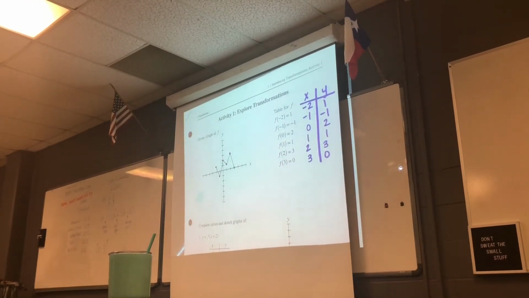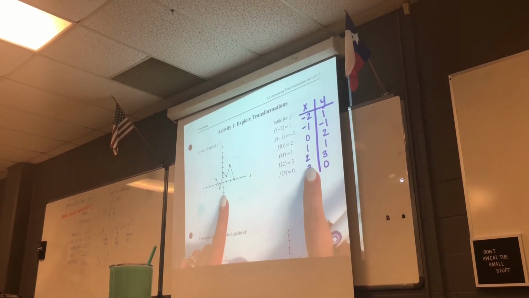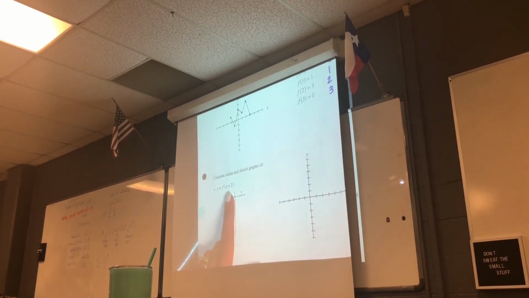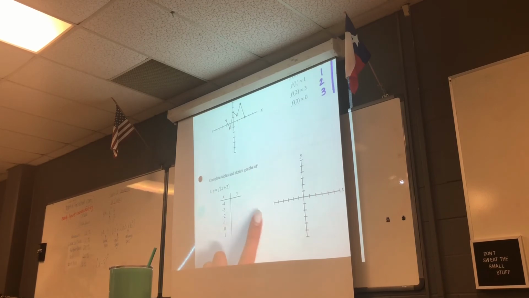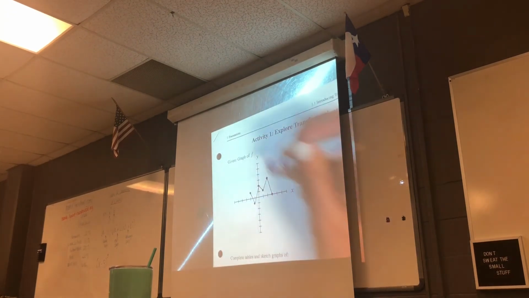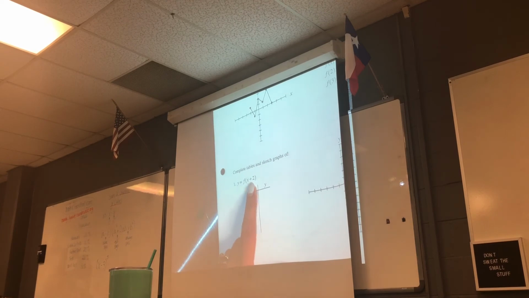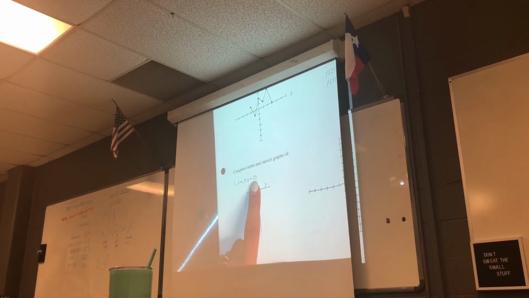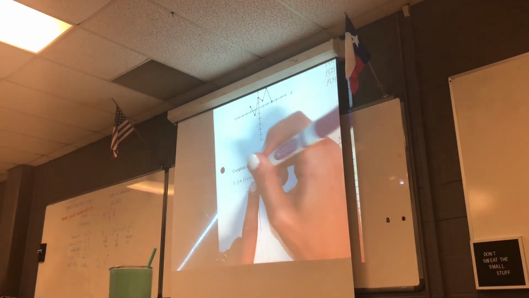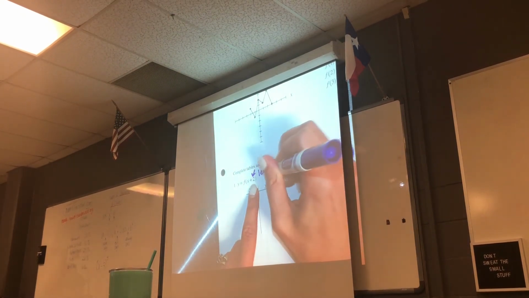Okay? Using this function, they want you now to fill out the table and graph f of x plus 2. This is f of x. What did they do to the graph by making it f of x plus 2? Left 2. We're going to shift it to the left 2.